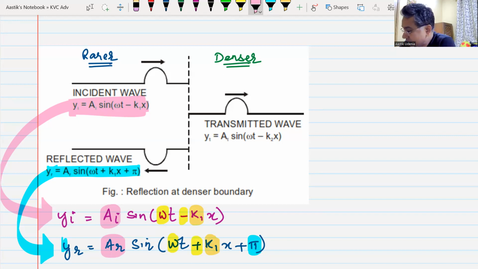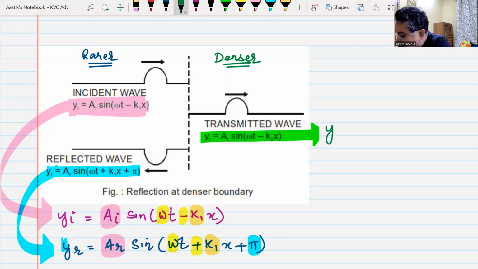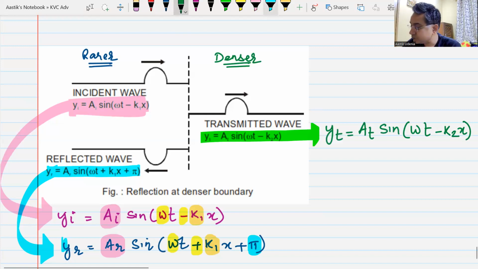Yes, sir. Chalo. Now we look at this equation, and I will write this equation in bigger. Once you understand this, you will write YT on your own. YT, Y transmitted, will be equal to A transmitted sine of omega t minus K2x. Do we understand why K2 here?